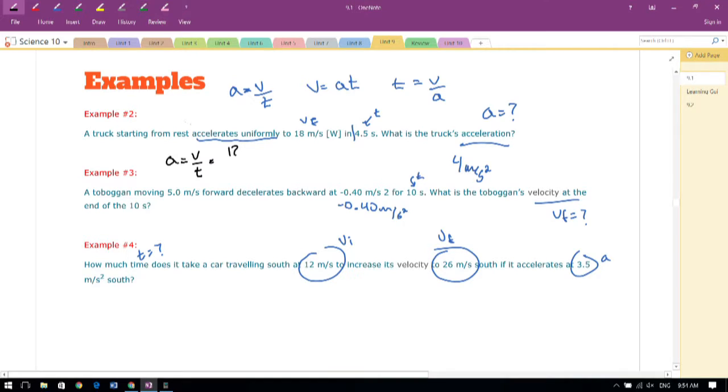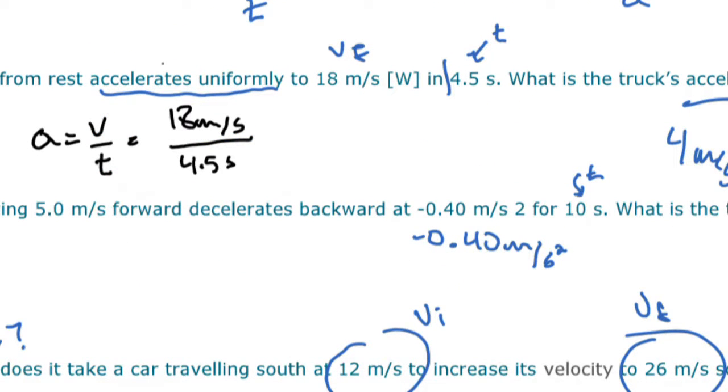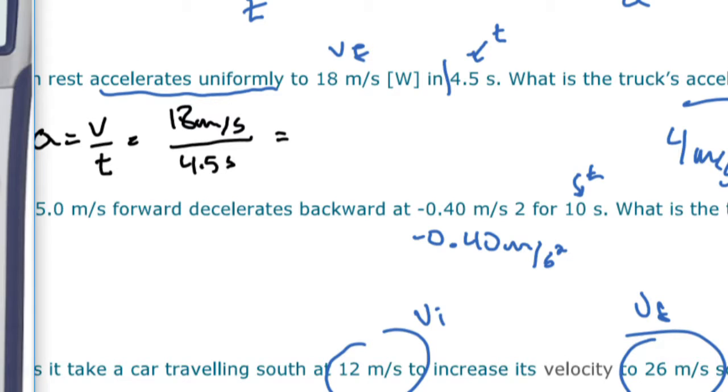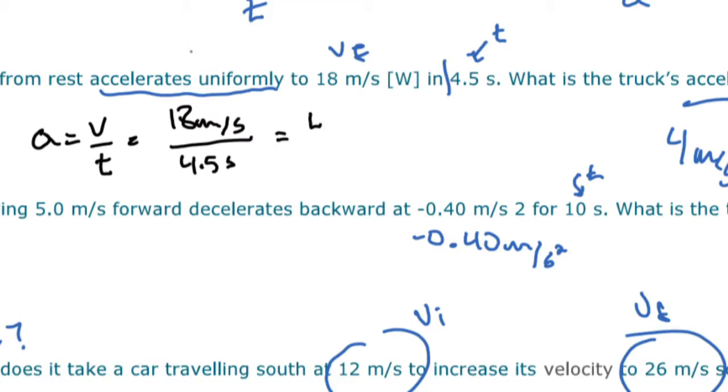So we're going to end up at 18 meters per second is going to be our velocity. And it took 4.5 seconds to get there. 18 divided by 4.5, I have a calculator. So 18 divided by 4.5 is going to be 4. Brilliant. So we'll go 4 meters per second squared.